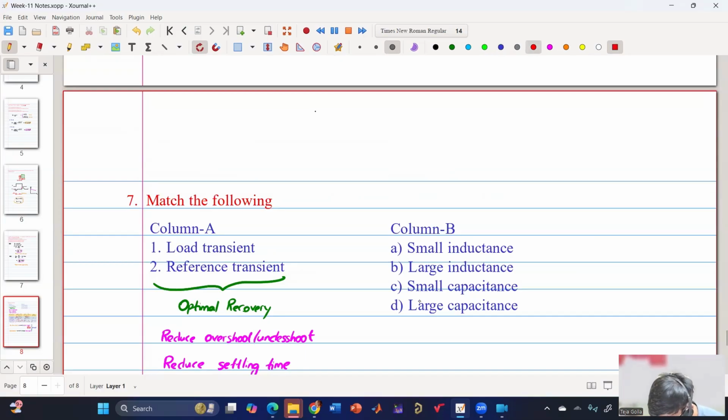So for the load transient, we'll get A and D. Now for the reference transient: small capacitance and large inductance. So B and C. They are like 180 degrees phase shifted. They need exactly opposite requirements.